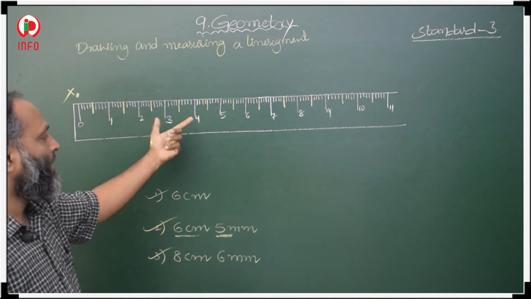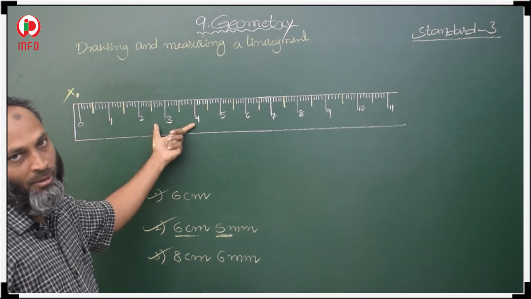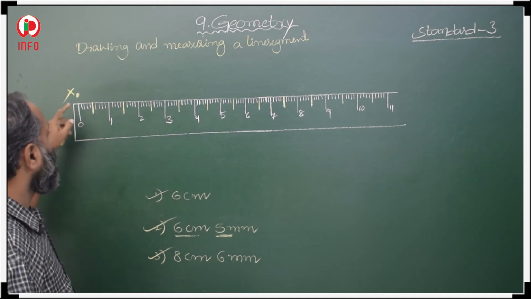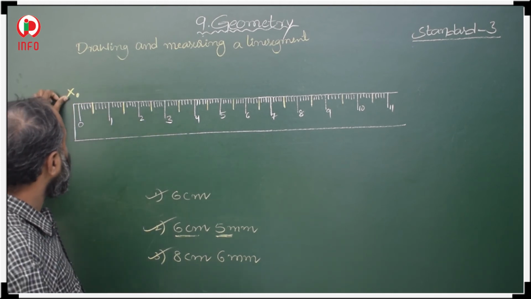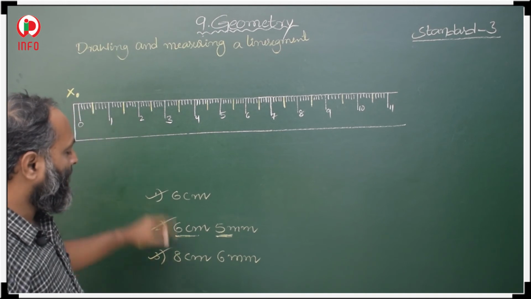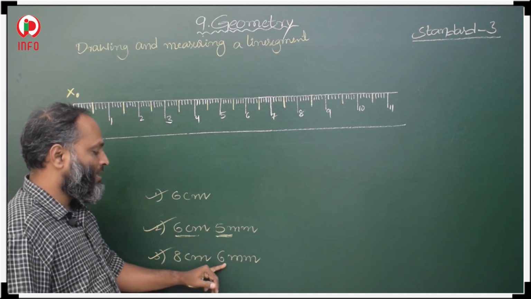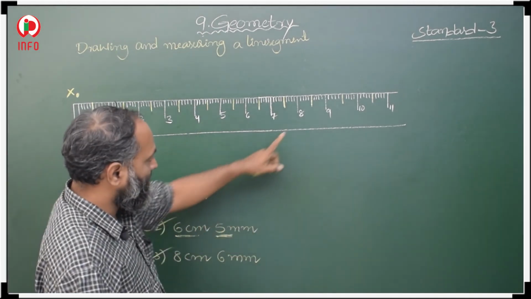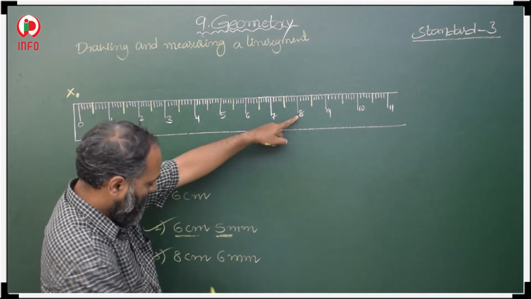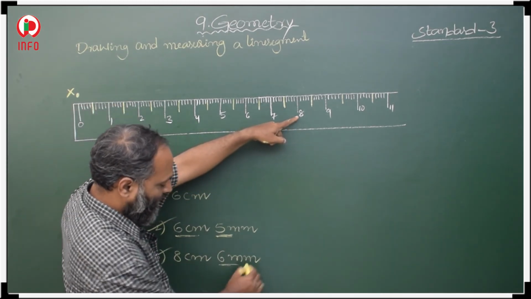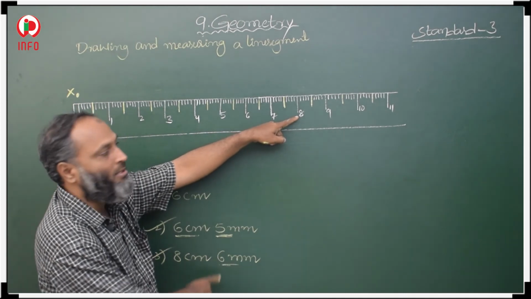First we keep a scale on a sheet of white paper, and after that mark a point at 0. Then after that, 8 centimeters 6 millimeters. First here we have 8 centimeters. After that millimeters also given. How many millimeters? 6 millimeters.